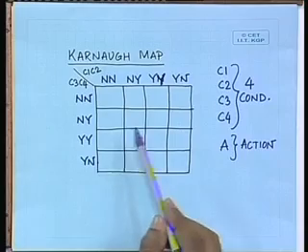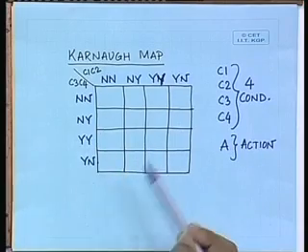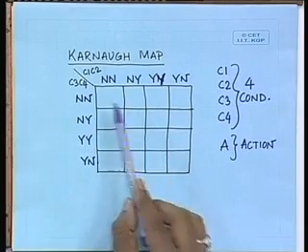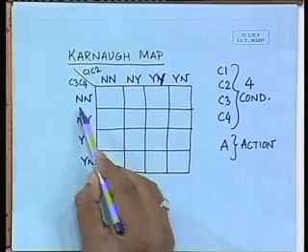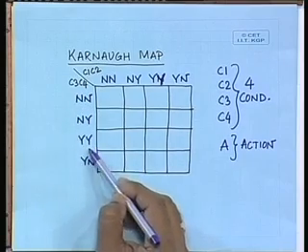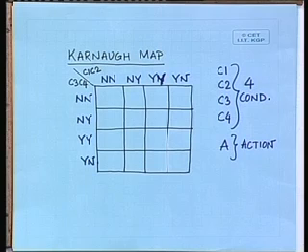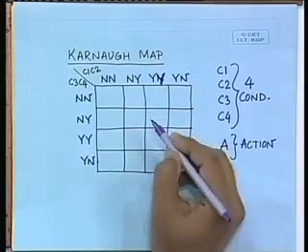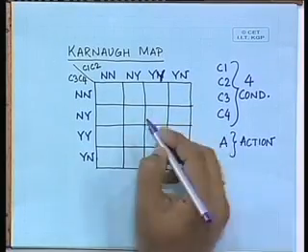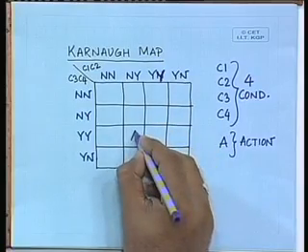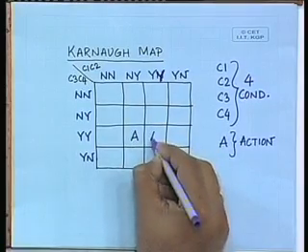And there is a particular way in this Karnaugh map that you have to write, we have to put NN, NY, YY and YN. Some of you who are from electronics or computer science background, you already know this, but for some others this concept may be slightly new. Let us say that our action is actually in these 2.